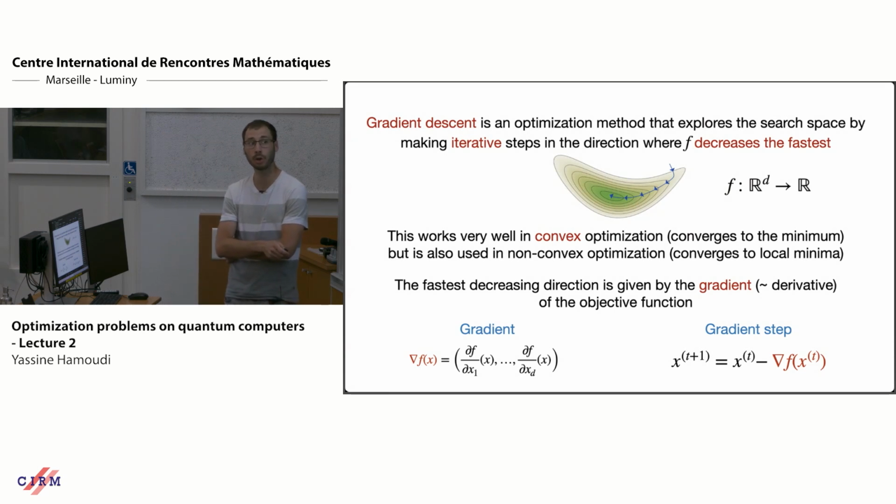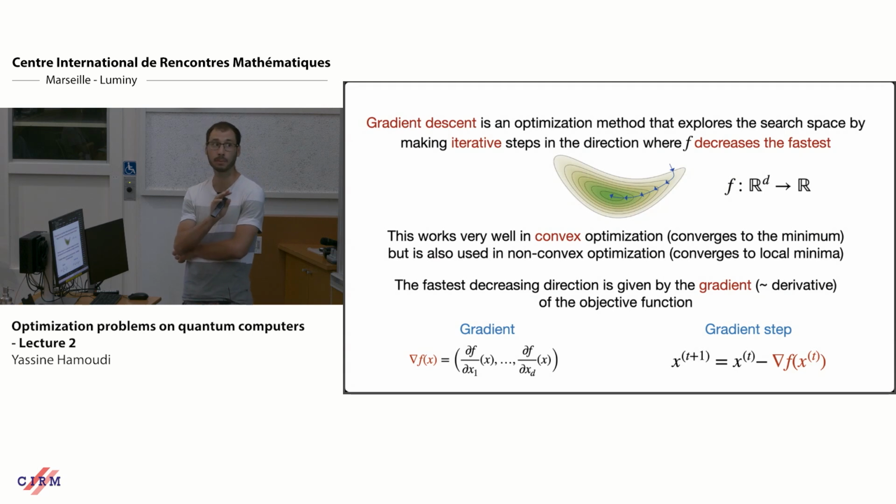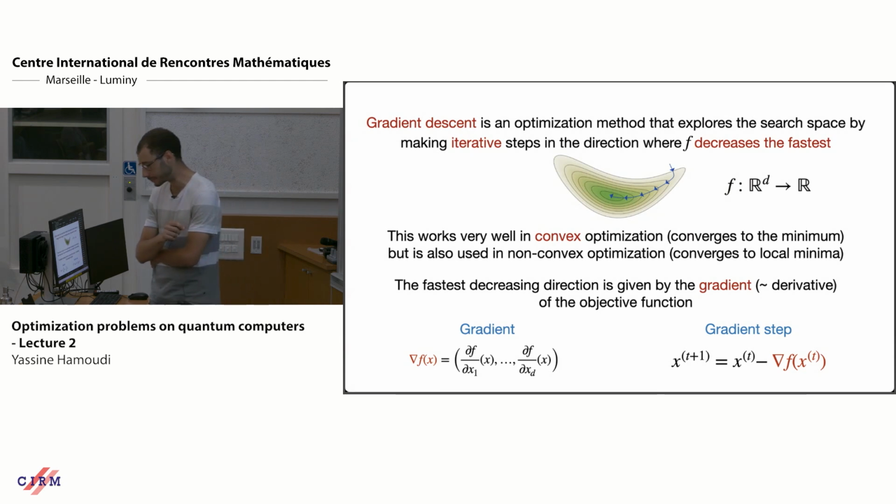Usually you will control the size of the steps, so there will be some prefactor delta which tells you how large the step is going to be. And then there are a lot of techniques to accelerate the descent, and so on and so forth. I'm just focusing on the most basic gradient descent method, but you should keep in mind that there are a lot of improvements over this technique.